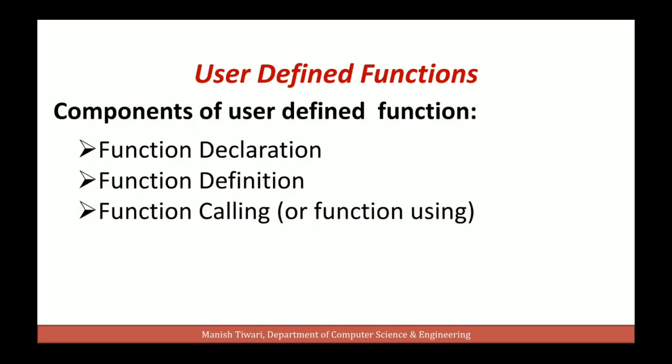So there will be three components of a user defined function: the declaration of function, the definition of function, and the calling of function, that means use of that function. First we will discuss how we can declare a function.